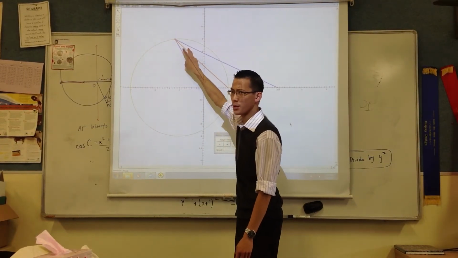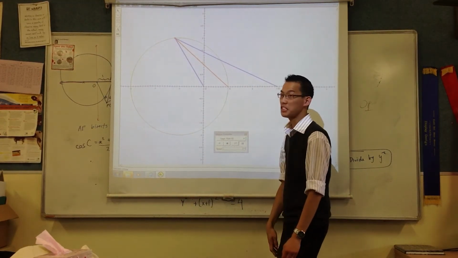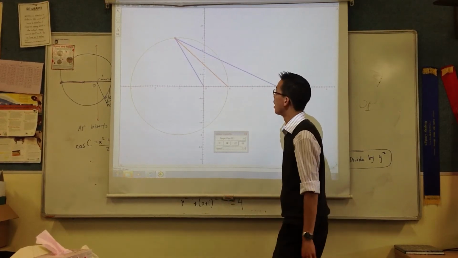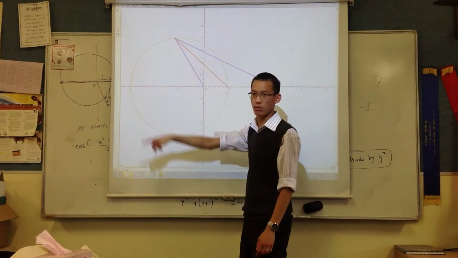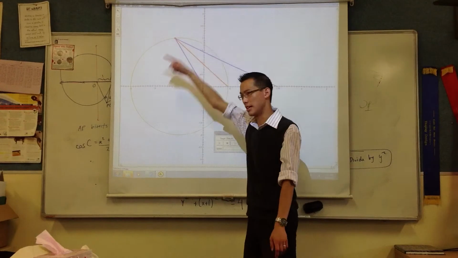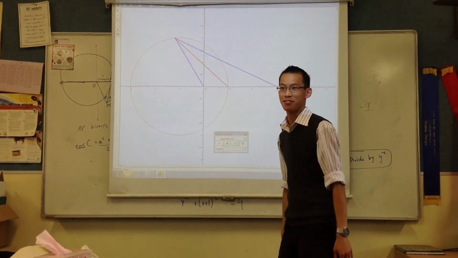I've been sort of scratching my head over it for most of this morning, and I'm really stuck. I can't see any similarity or congruence. I don't know what to work with to show that these angles are equal. I think it has something to do with circle properties, because it's a circle, so you've got to use that fact somehow. I just don't know how to use it yet.